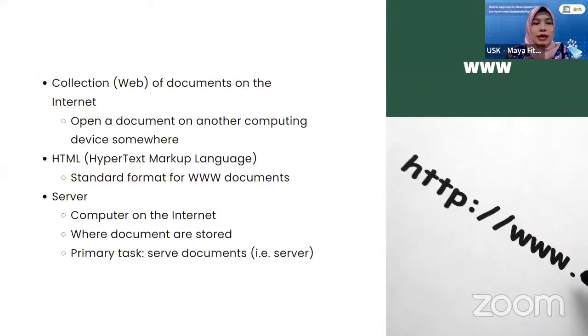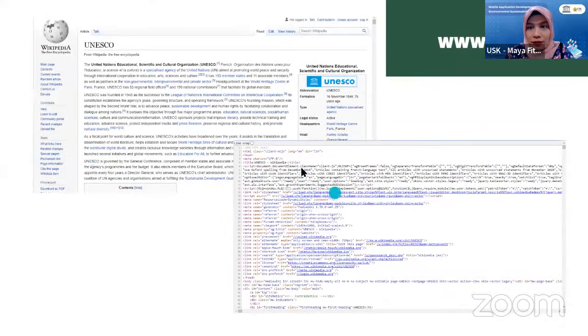And HTML itself is the standard format for web documents. This is an example of HTML. As a user, if you open the Wikipedia page for UNESCO, you can see a description of UNESCO, so it's easy to read, right?